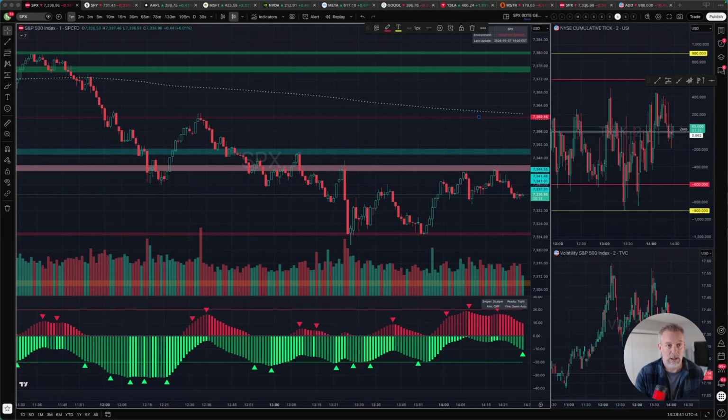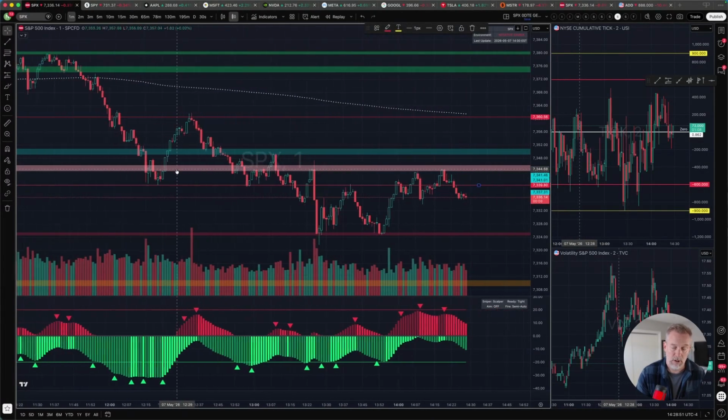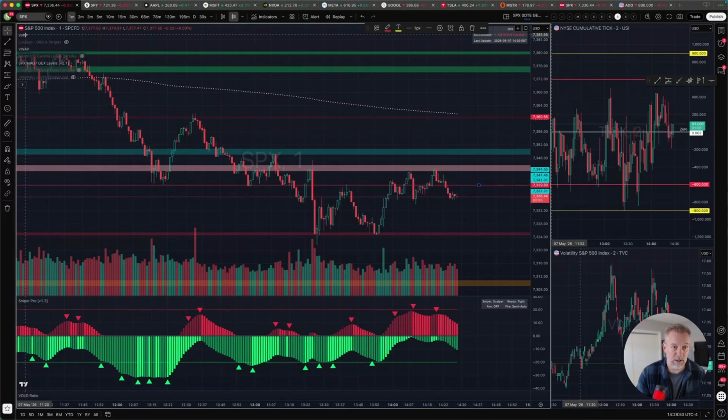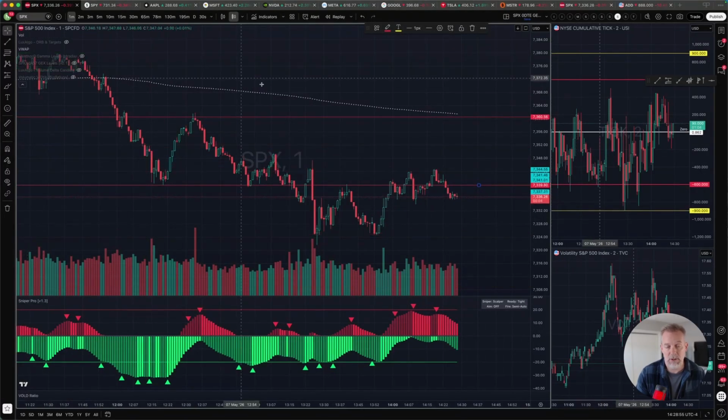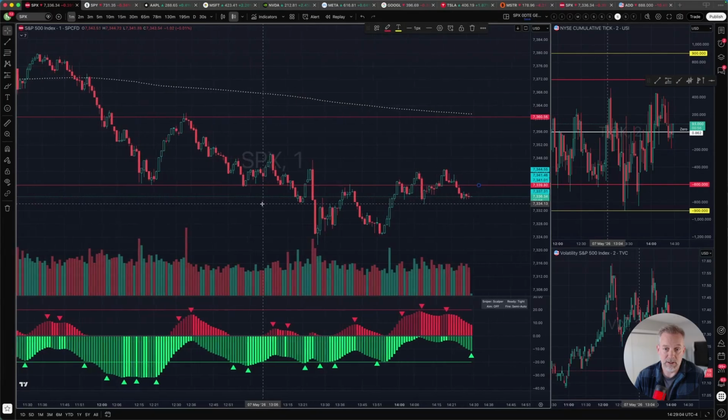If we draw a line at the low of the bounce that we took when we were trying to take this trade off of the put support level, and now, just for the sake of showing you what this looks like, we get rid of the gamma exposure levels to make it clearer.